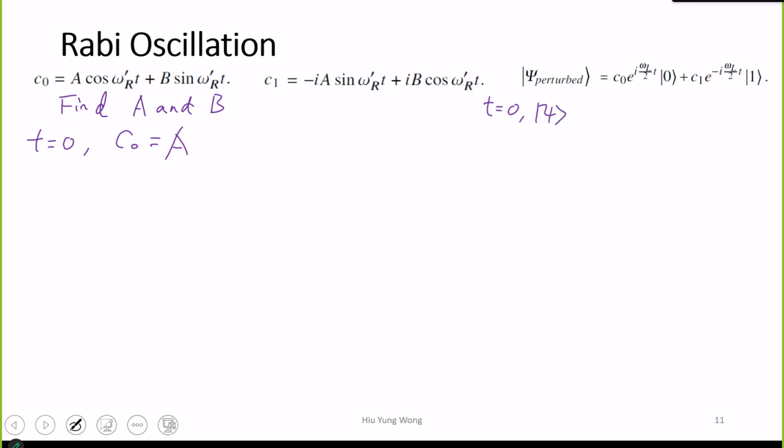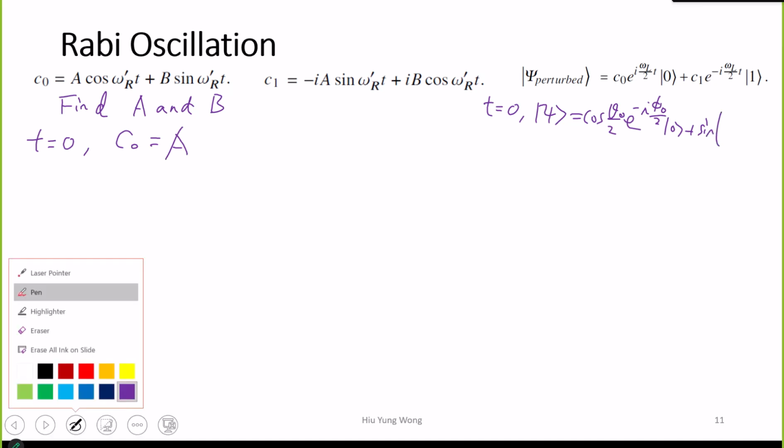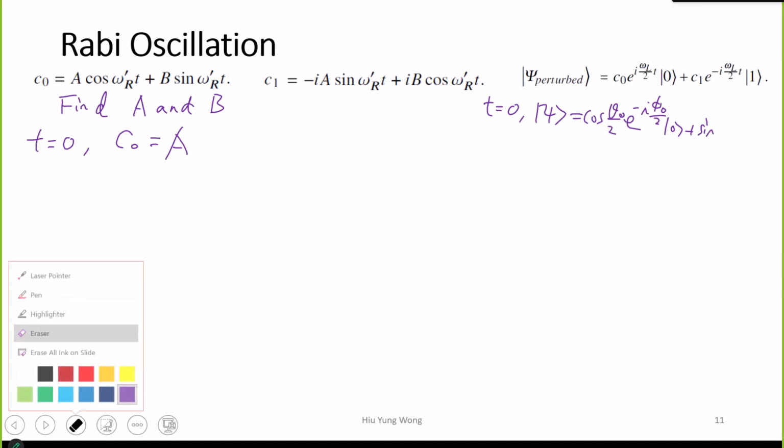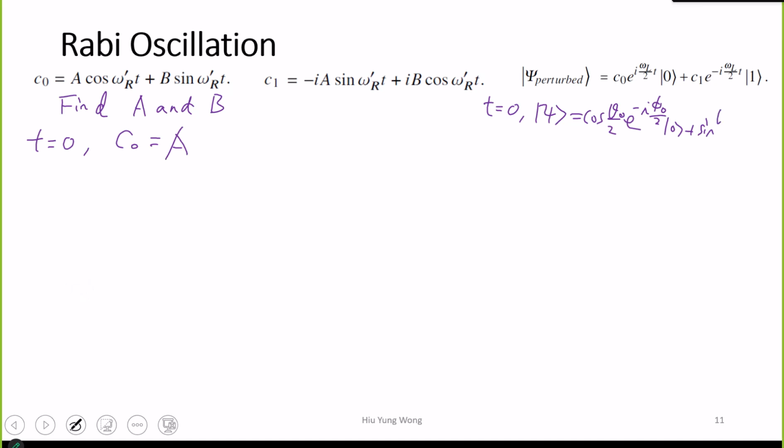The qubit state at time equals 0 is just in general cosine theta over 2 e to the power negative i phi over 2, which I call the initial angle, plus sine theta over 2 e to the power i phi over 2, 1, right? This is just to recall what we learned earlier.